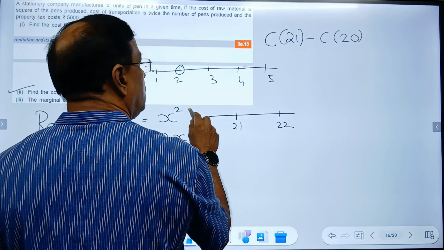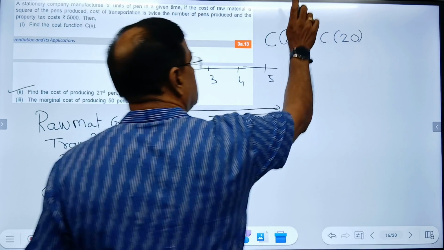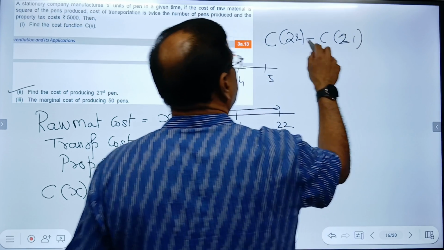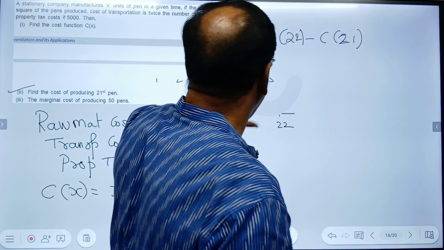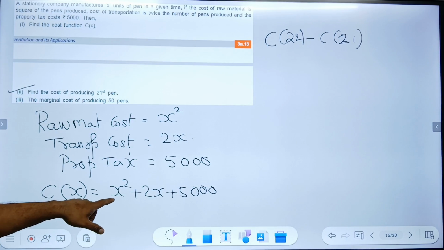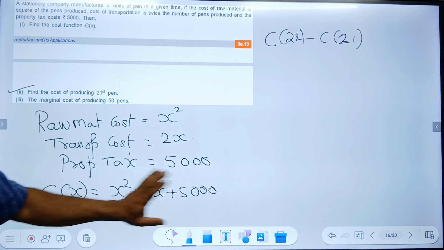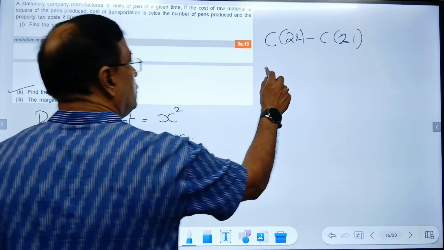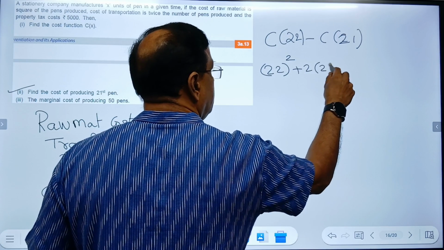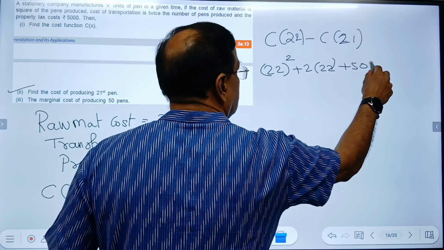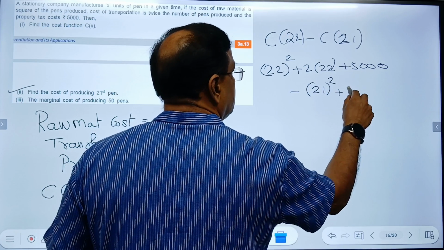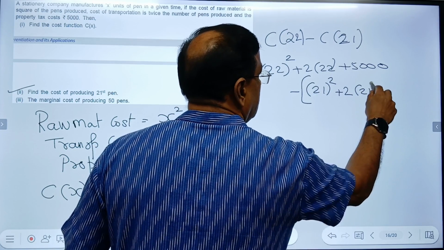So you find the total cost of 22 pens, and from that you subtract the cost of 21. I will leave it to you. Do the calculations. It's very simple. I am not going to do that part. So here you put x as 22. This will be 22 square plus 2 into 22 plus 5,000 minus 21 square plus 2 times 21 plus 5,000.